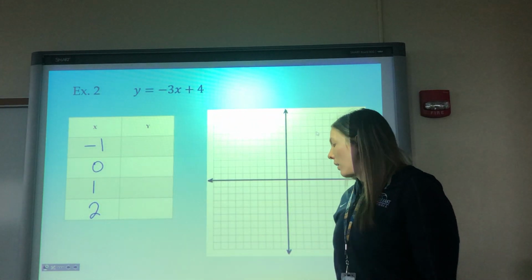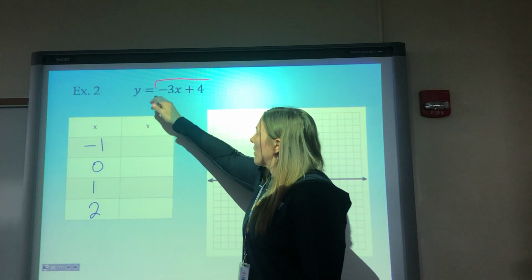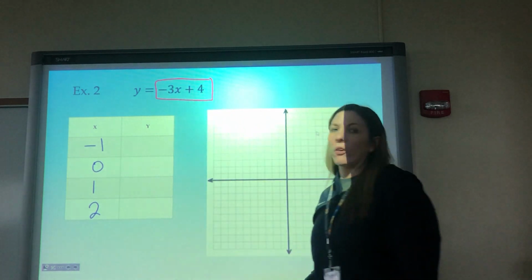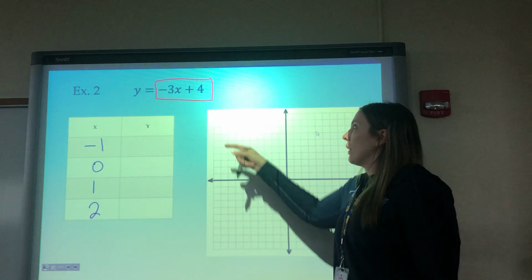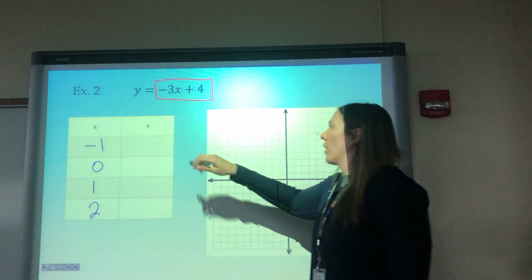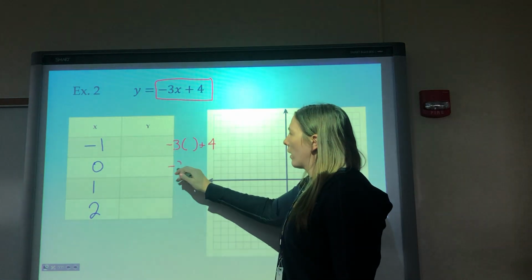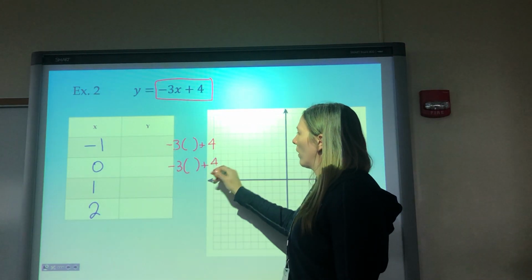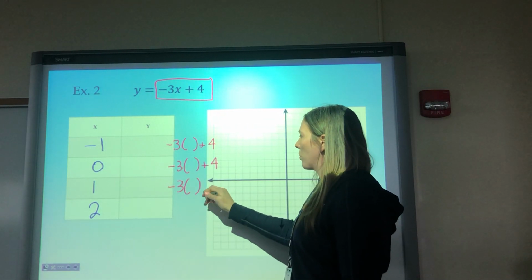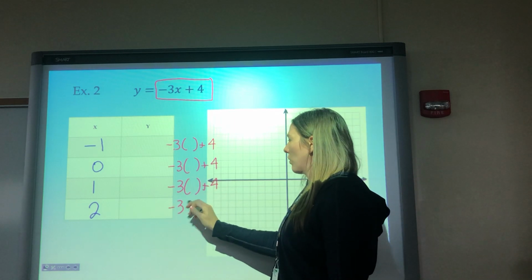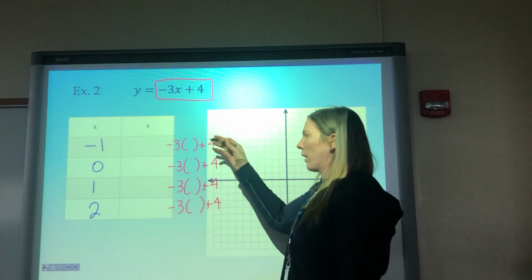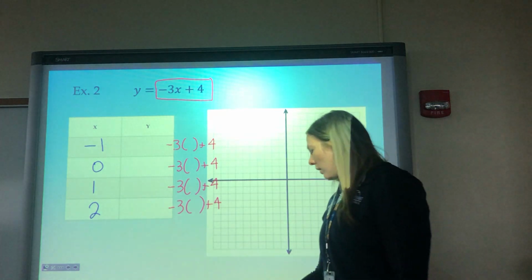We're going to take this expression and write it 4 times, each time putting parentheses in place of x. So -3 parentheses plus 4, -3 parentheses plus 4, -3 parentheses plus 4, -3 parentheses plus 4. It's pretty redundant, so hopefully that makes sense.